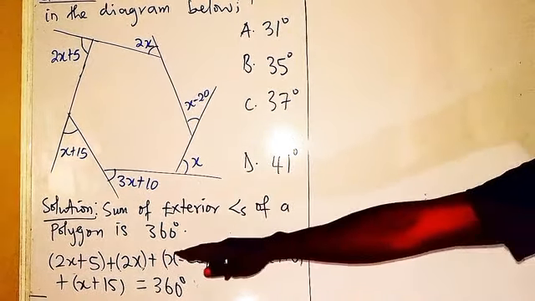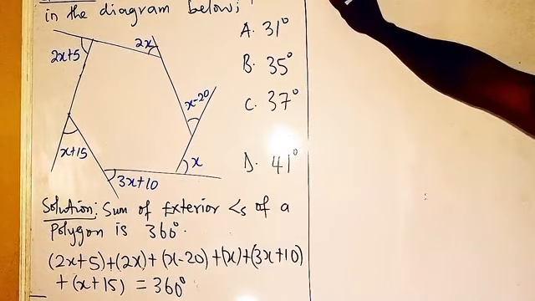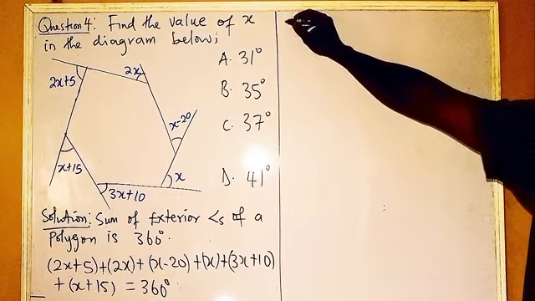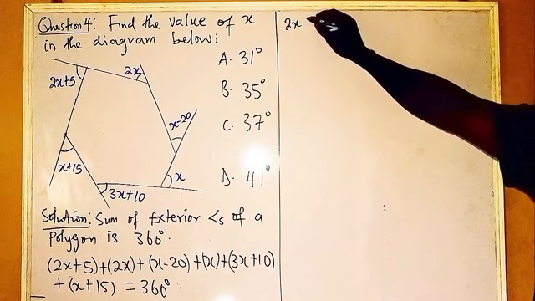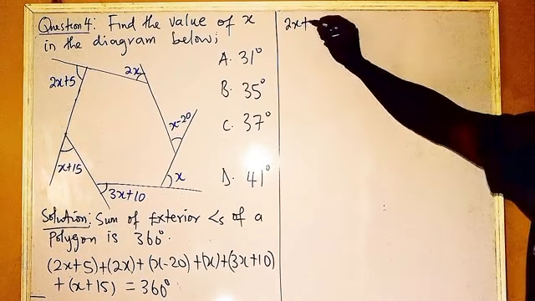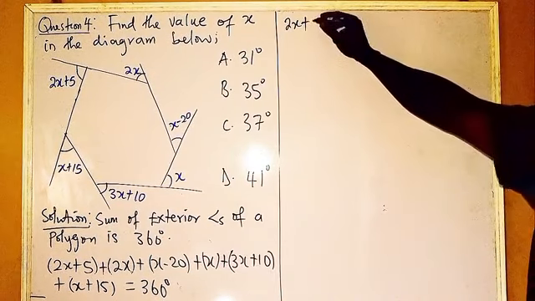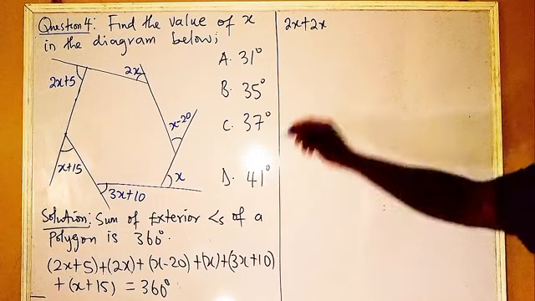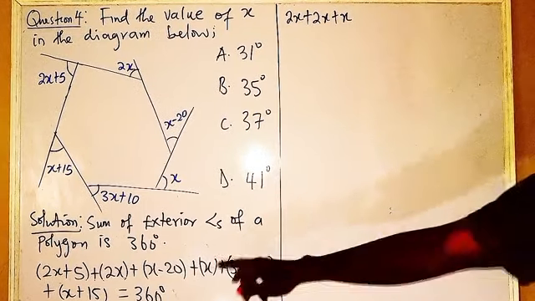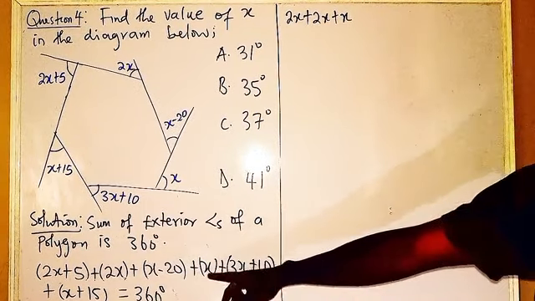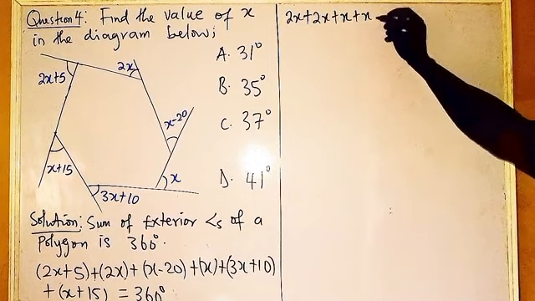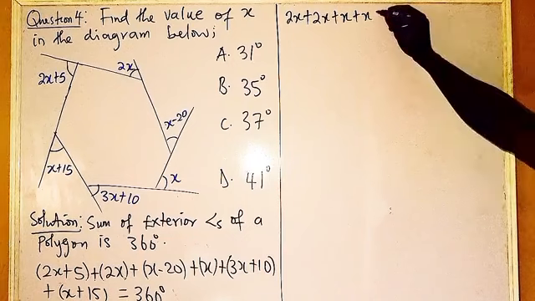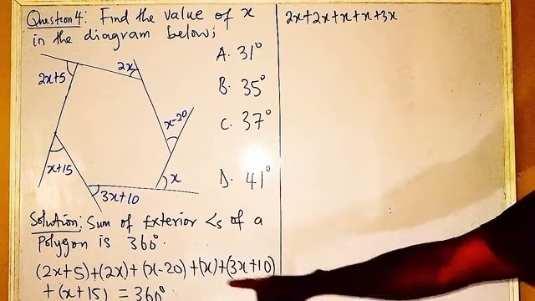Let's try to add all of this together. Adding this together, we have 2x plus another 2x plus the x that is down there. Then we have plus x again, plus 3x, plus x.